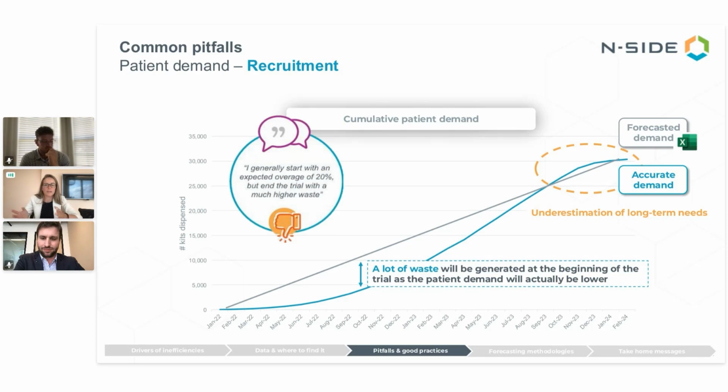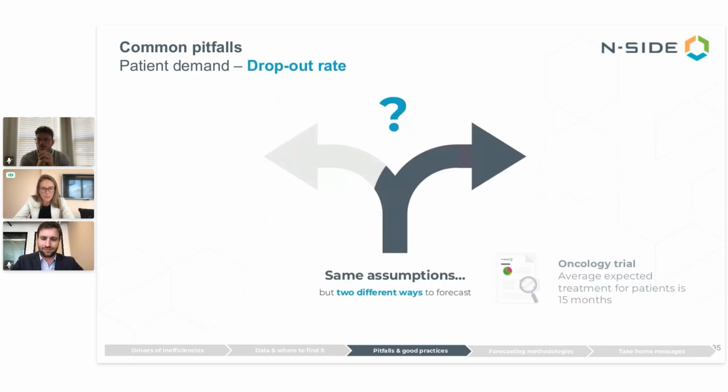If I take these prerequisites back, we would be reaching the exact same amount of kits to dispense in both cases. But with the linear forecasted demand, we won't have the timeline accuracy, and that's really important to get something accurate from the beginning. So that's one of the examples.